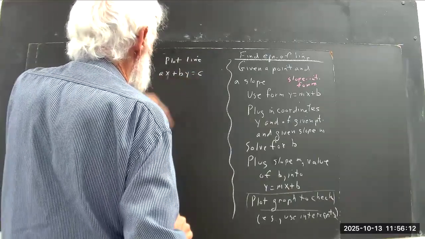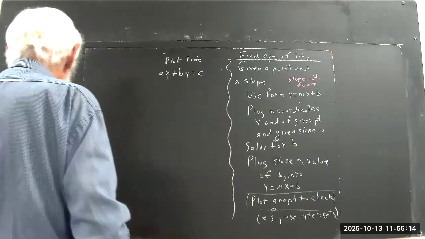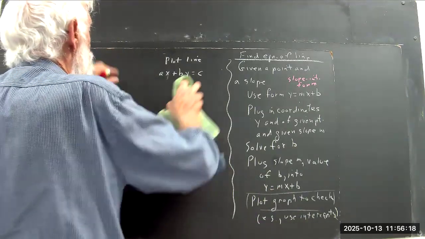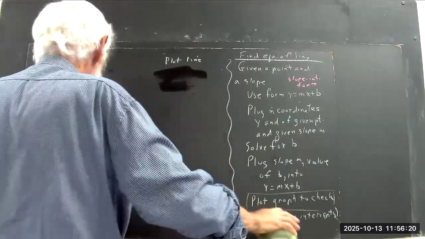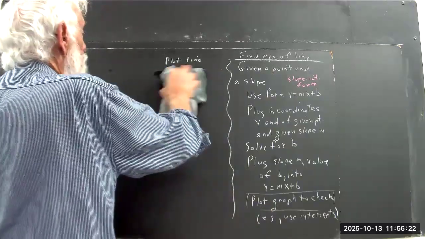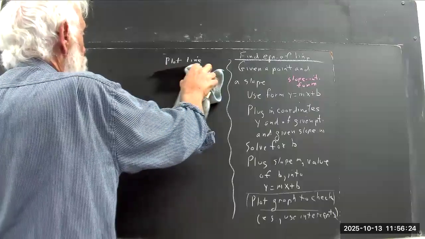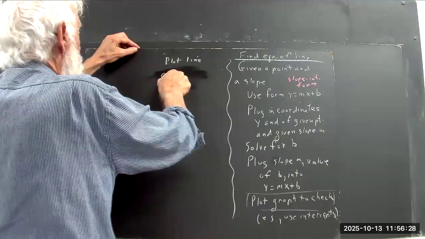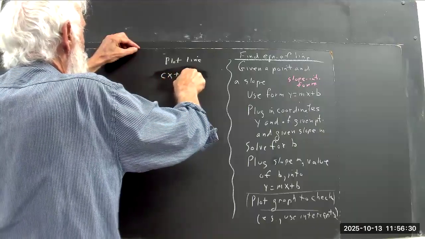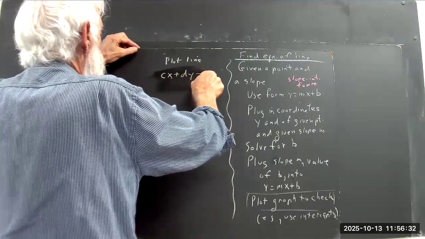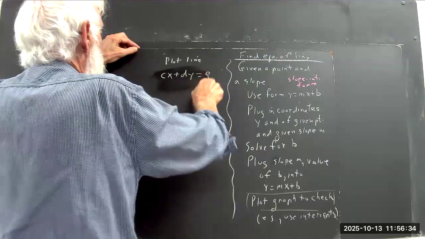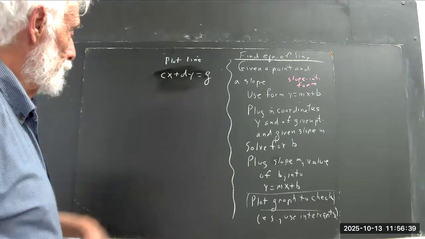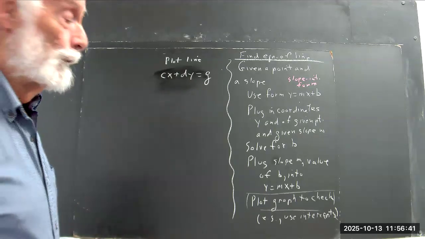Let's say it's ax plus by equals c. And I really don't want to use a and b. So let me rewrite that. I don't want to use b when I write this because b is supposed to be the y-intercept. So I'm going to say cx plus dy equals g. E would be the logical next letter, but g is easier to identify on the board.